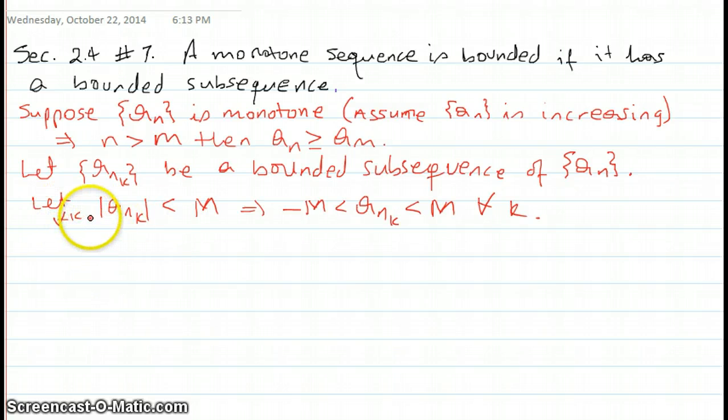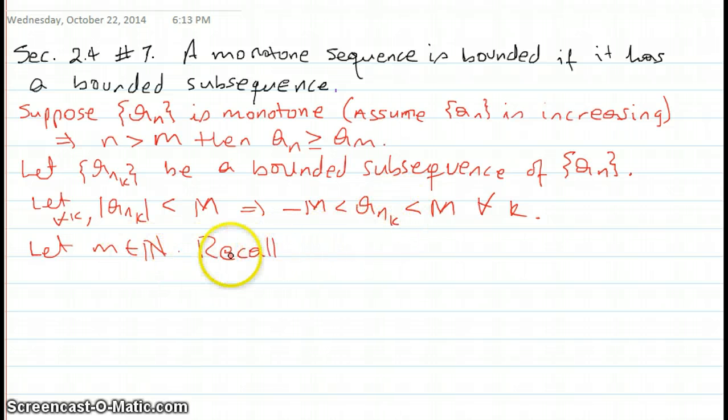Now what I want to show is this sequence a_n is bounded by M. So for any randomly picked index m, I'll show a_m is less than this capital M. Let m be just a random element in N. Recall that when we're building subsequences, the indices make a strictly increasing sequence of integers.